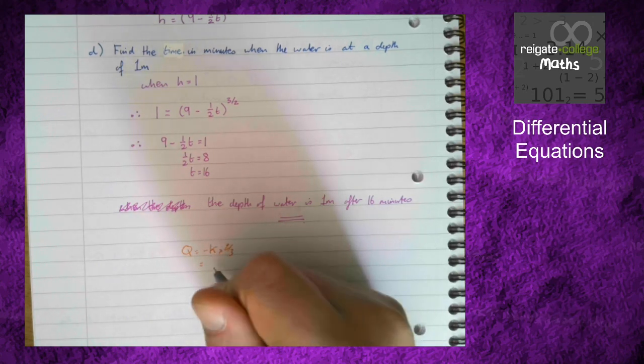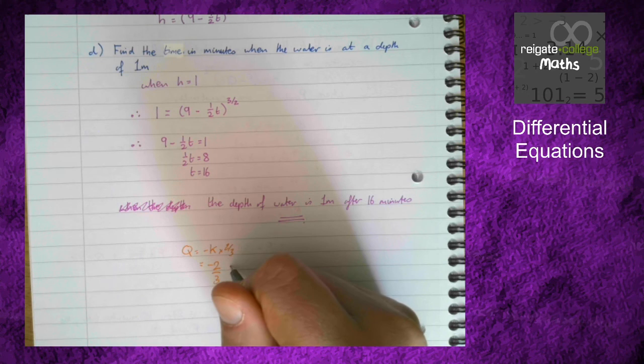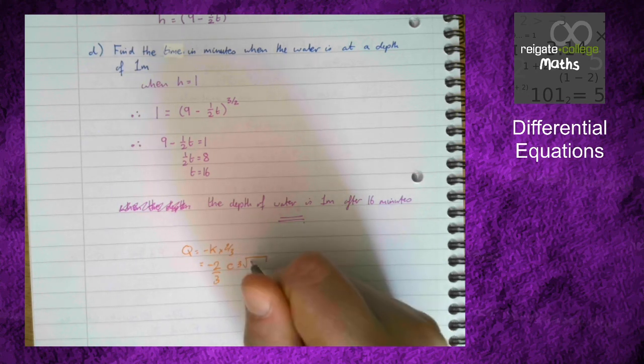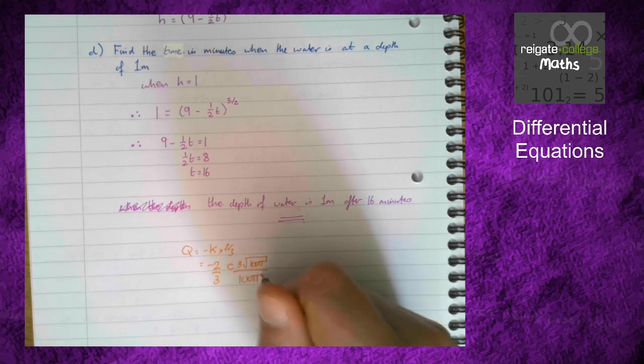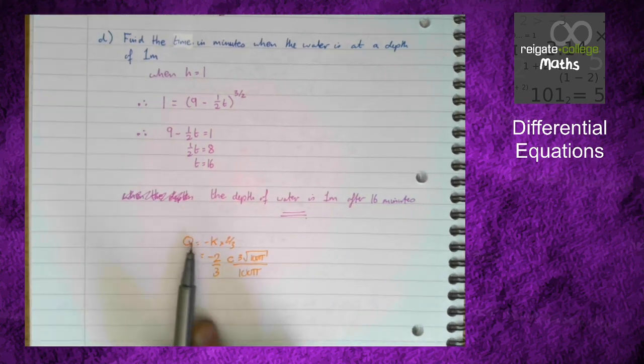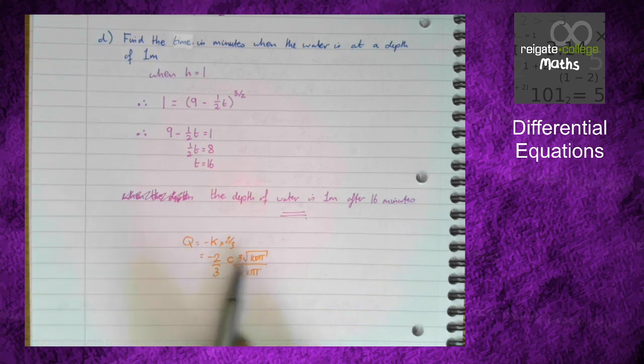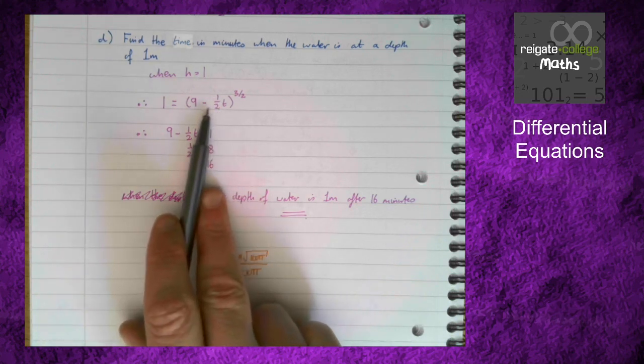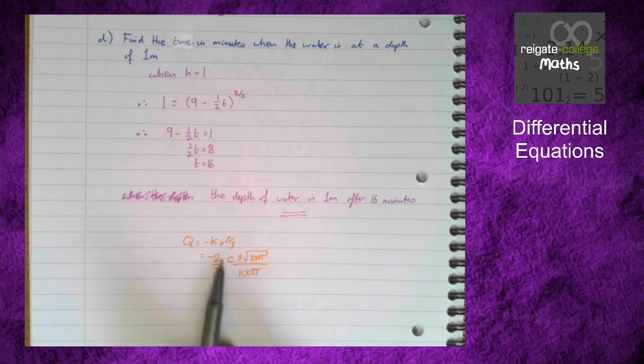So Q was minus 2 over 3 times C times the cube root of 100 pi over 100 pi. I don't know about you, but working out that Q is a half is much easier than working out what C is for this. Because regardless, you can do it, but it'll still be a mess. This is a much neater equation than leaving C in there. And that's kind of the point of this example.